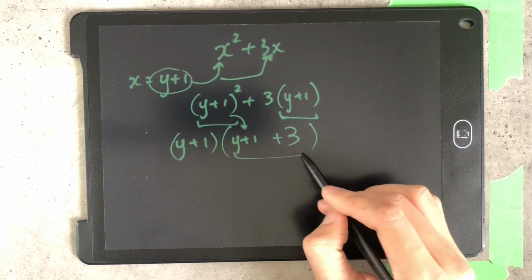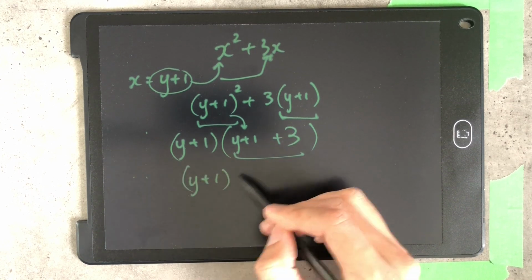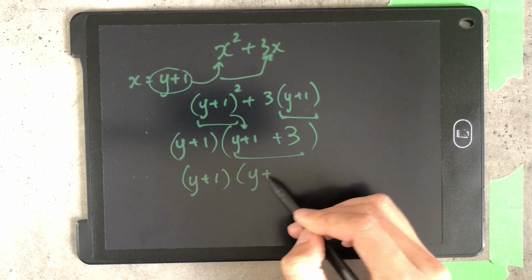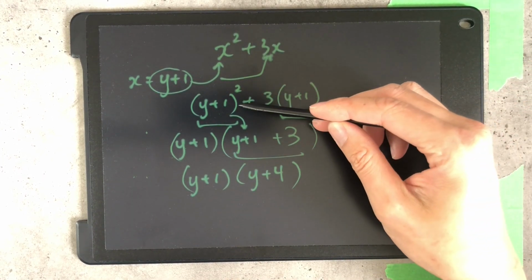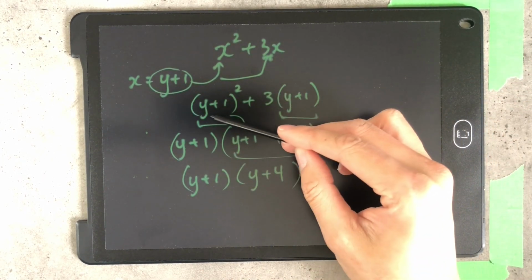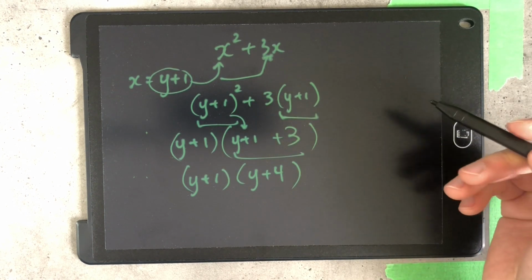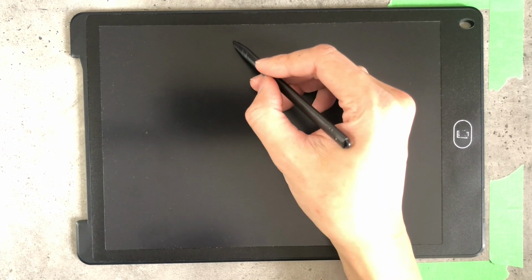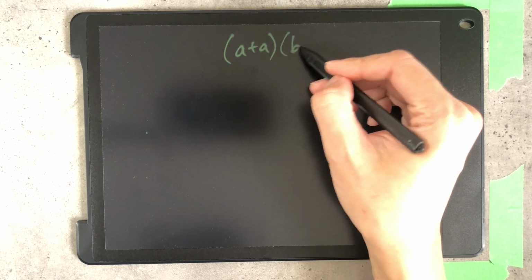So now I can simplify the second term to get y plus 1 times y plus 4. Now notice that all I have done was changing x into y plus 1, and the factoring is essentially the same. Now we're going to explain how that works in a different scenario.